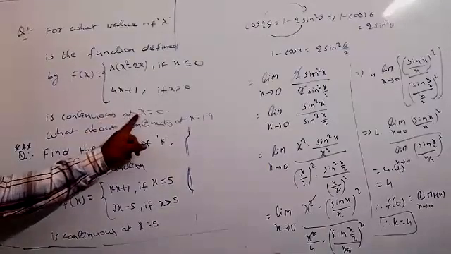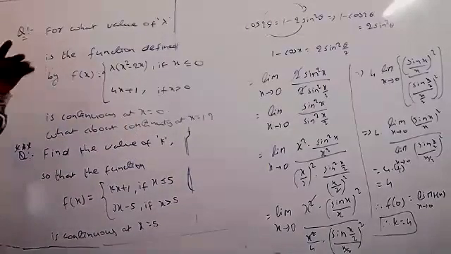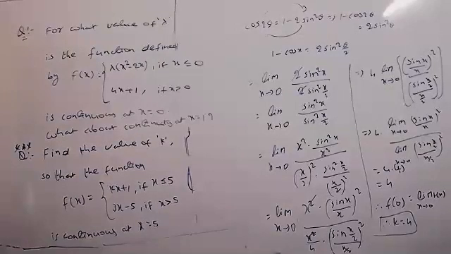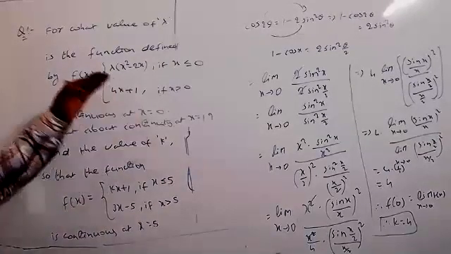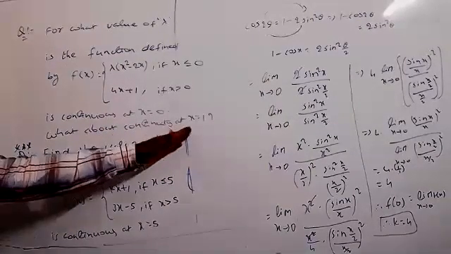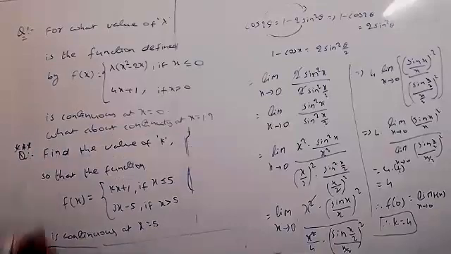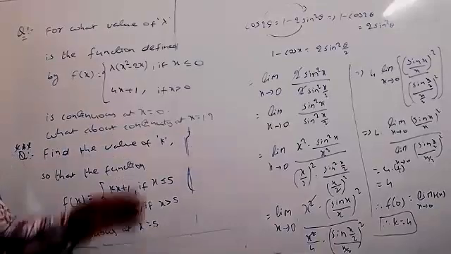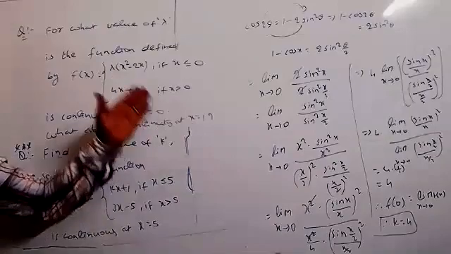When you take x equal to 0, it is compulsorily continuous. Suppose x equal to 0 is continuous, then what is the lambda? That is the first case. When you take x equal to 1, then what is the lambda? Second case. Or else first you can verify whether it is continuous or not.